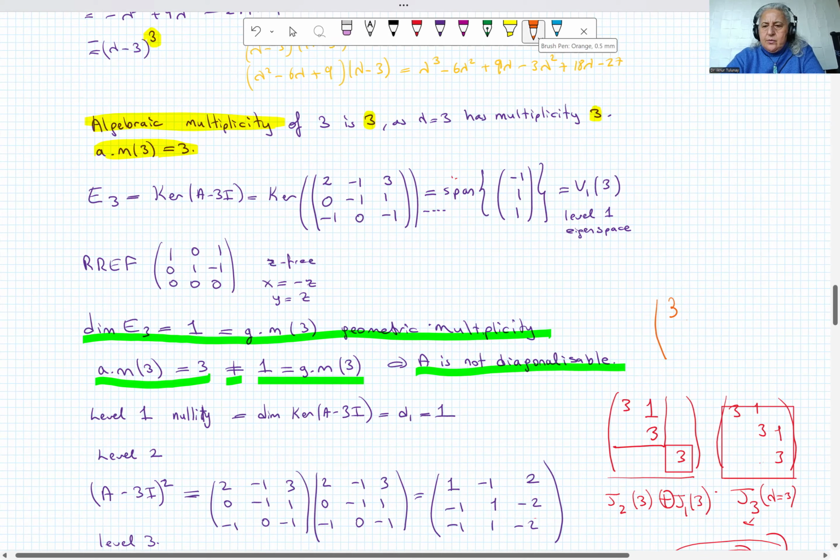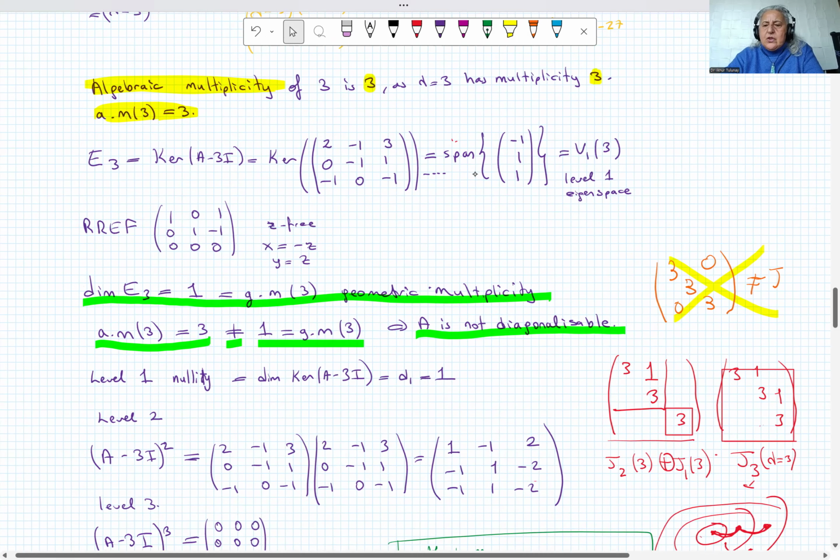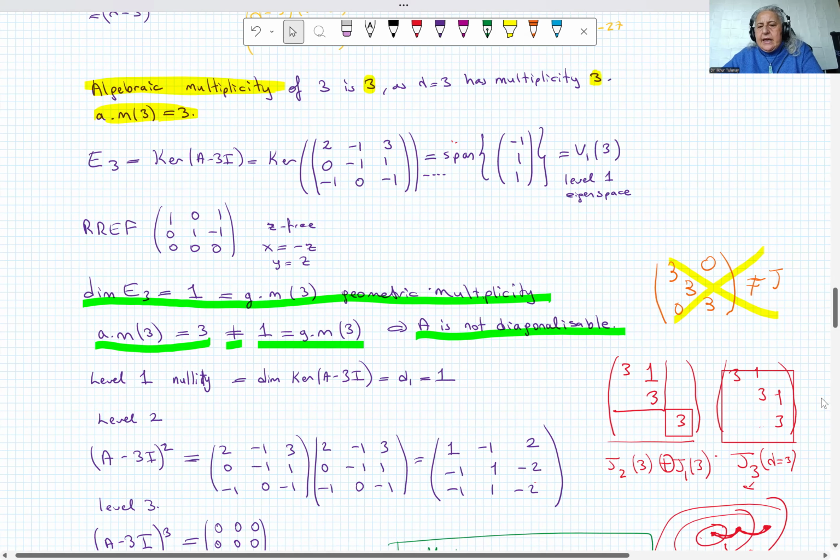That cannot be our J anymore, right? So that is impossible for us. And so we have two possibilities. We might have a 2 by 2 block and one here, or we might have a 3 by 3 block. We might have this situation or we might have this situation.